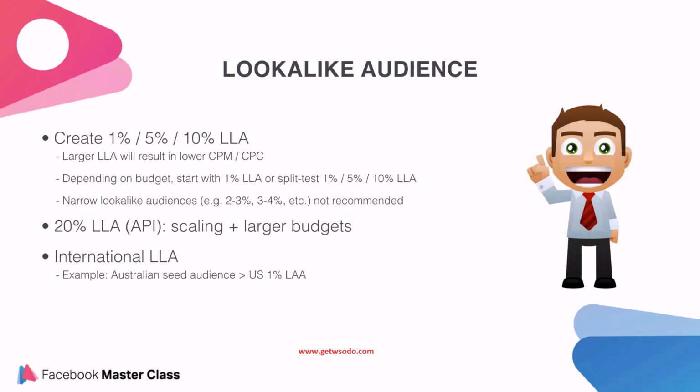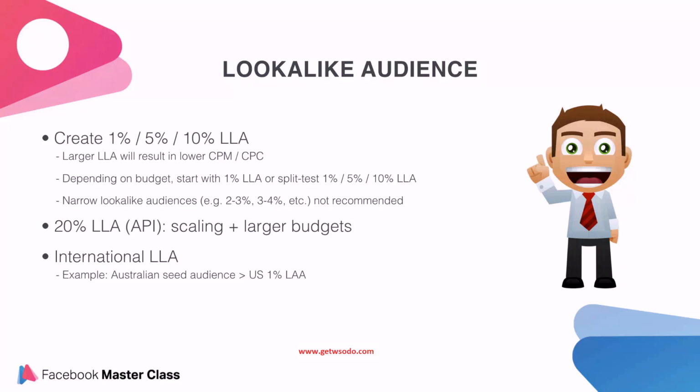That's what you need. And then you can create a German, a Canadian, a French lookalike audience based on the one seed audience that you have. Of course, and I think that's pretty obvious, you should split test different seed audiences later down the road.